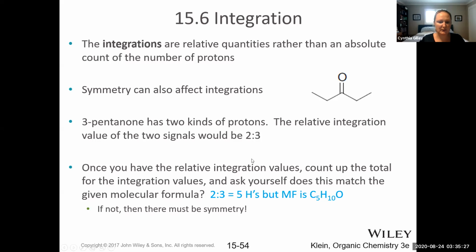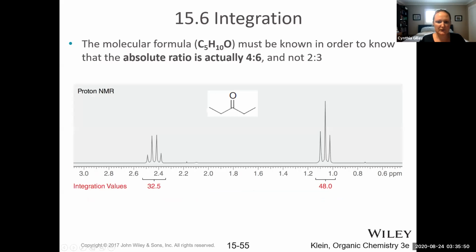So you need to figure out if 2 plus 3, which equals 5 hydrogens, matches the molecular formula, but the molecular formula says H10. It doesn't match. That means there must be some sort of plane or rotation of symmetry to allow for a higher ratio, like 4 to 6. For example, the NMR of that compound would look like this. Integrating it would give you 2 to 3, but it's really 4 to 6. So always compare the total integration with the molecular formula to see if there's a plane of symmetry.